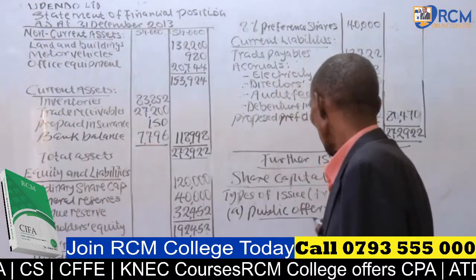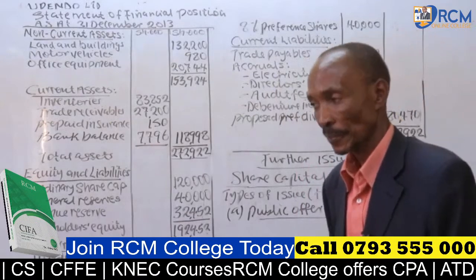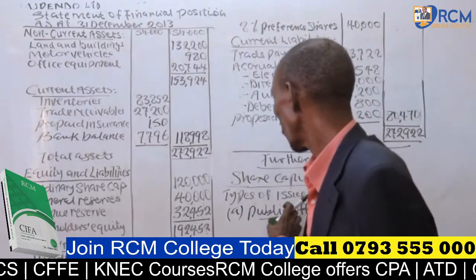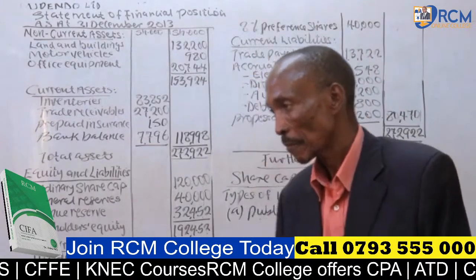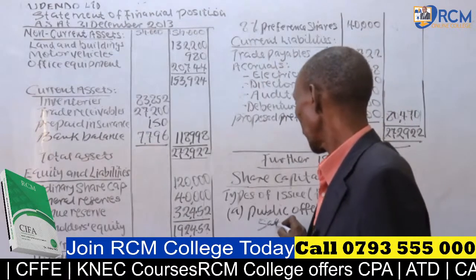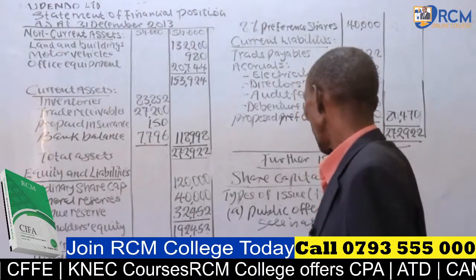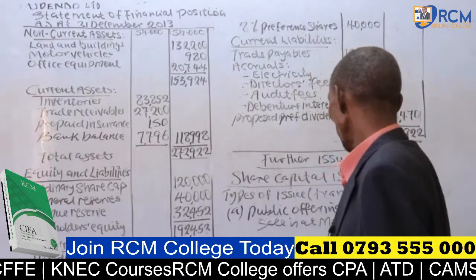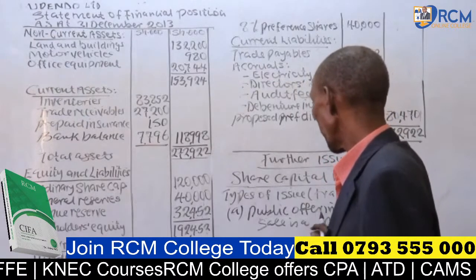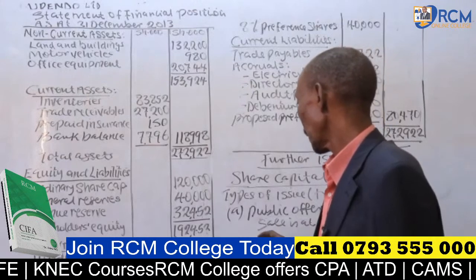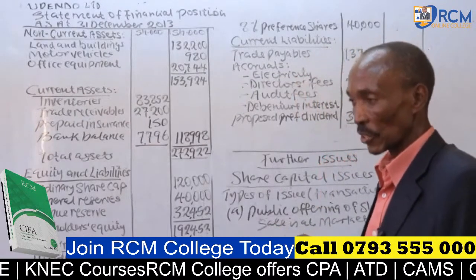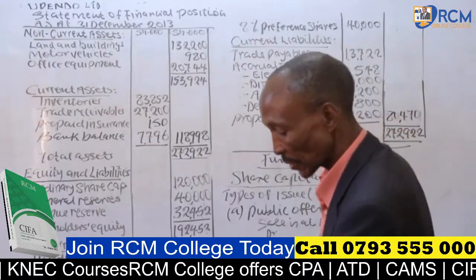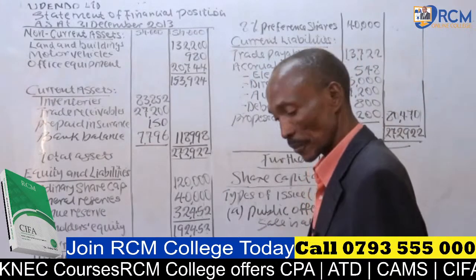Now, in this case, the company sells the shares to anybody who is ready to buy, and normally this sale is at market value. Let me say market price, without having to make any special concessions or consideration. So what happens here is when the shares are sold, we debit the cash account and credit the share capital account.